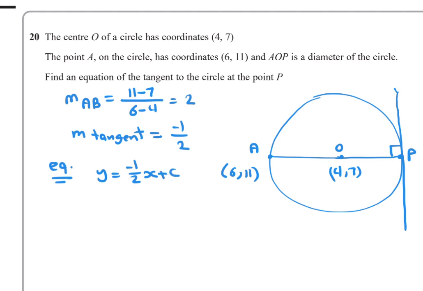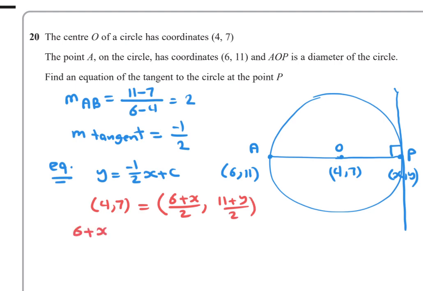To find c, we need to find the coordinates of the point B. The center is the midpoint between A and B, because this radius and this radius. So we can find B. Consider that B is x and y, so this x and y. So now, from the rule of the midpoint, 4 and 7 equals 6 plus x over 2, and 11 plus y over 2.